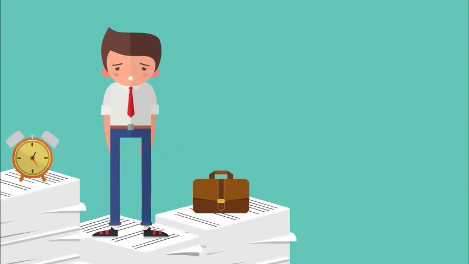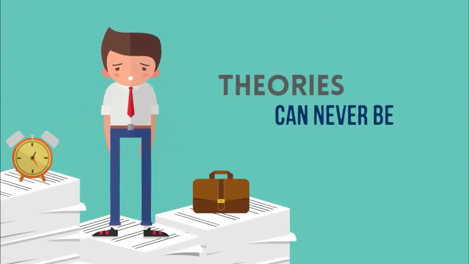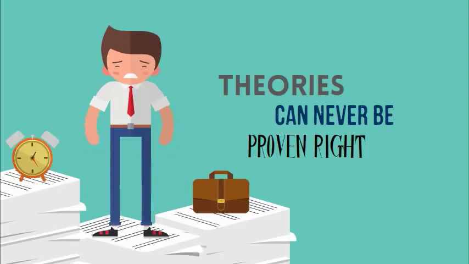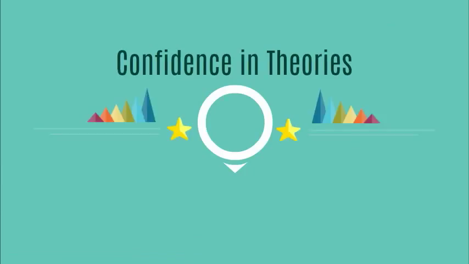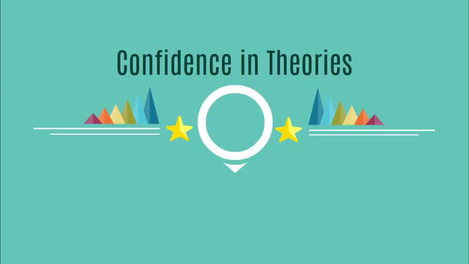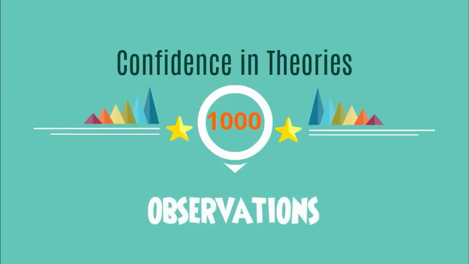And so it goes. Theories can never be proven right because the next observation might disprove it, but they can be proven wrong by disconfirming data. Now, obviously, we would have more confidence in a theory that was confirmed by 1,000 observations rather than 3, but you get the point.